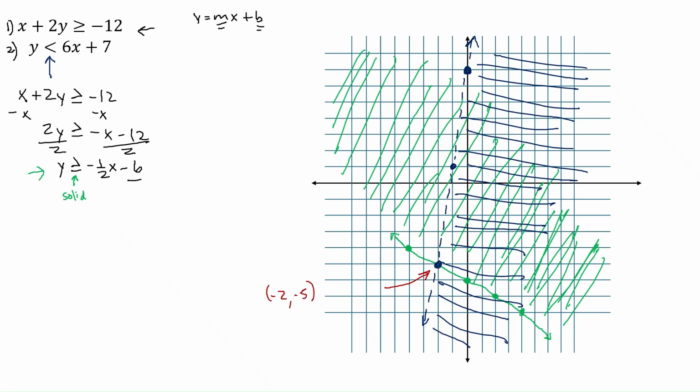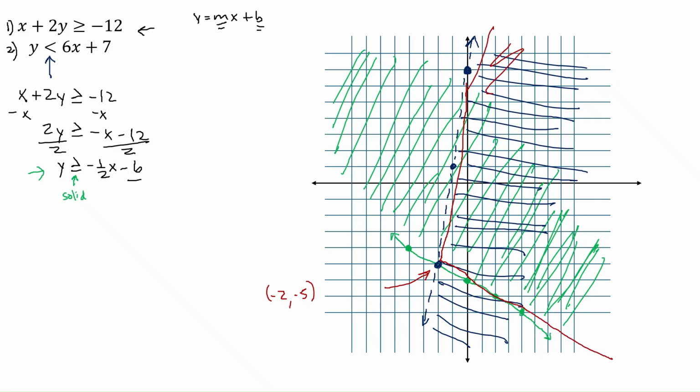So that is a possible solution to both inequalities, but also the place where the shading intersects is an area of possible solutions. So that's literally this region in between here, okay?